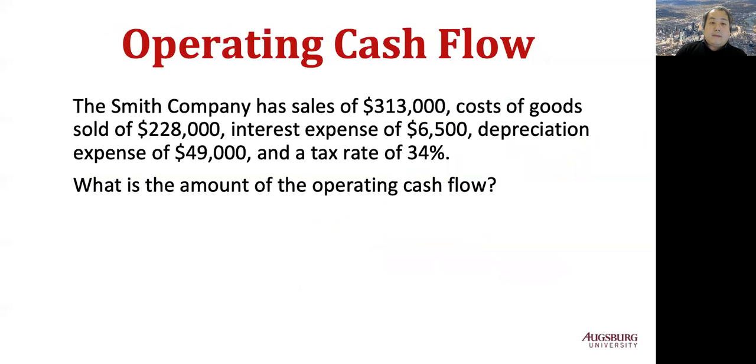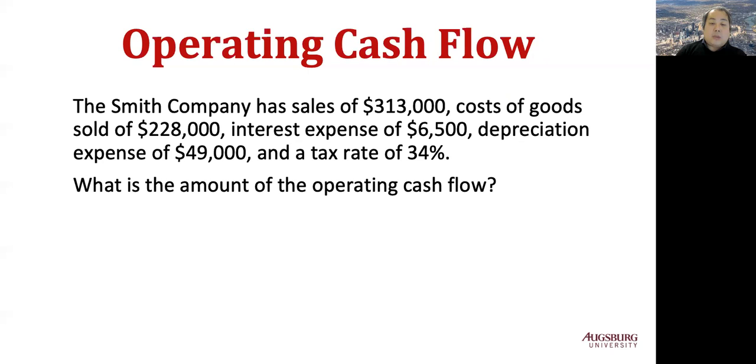So we have example here. The Smith Company has sales of $313,000, cost of goods sold of $228,000, interest expense of $6,500, depreciation expense of $49,000, and the tax rate of 34%.